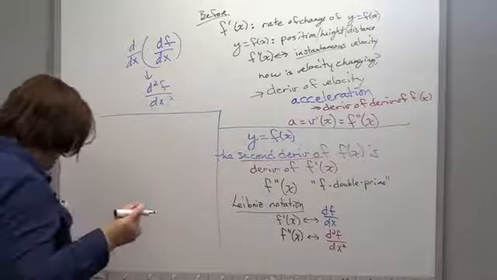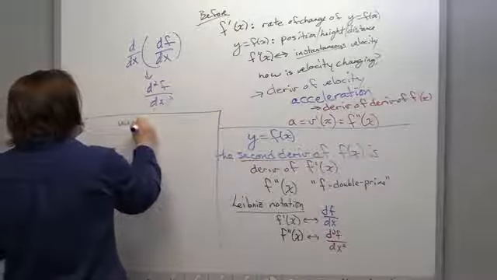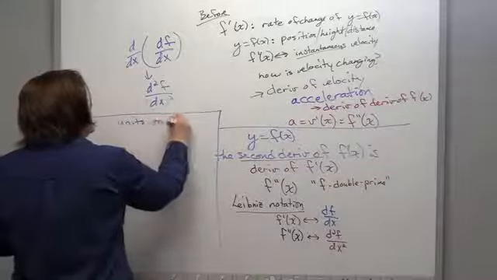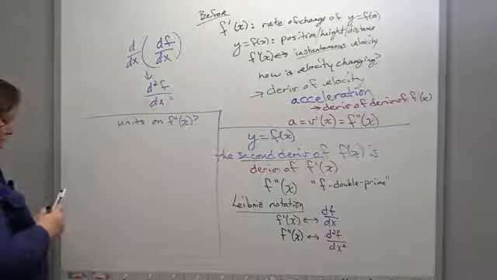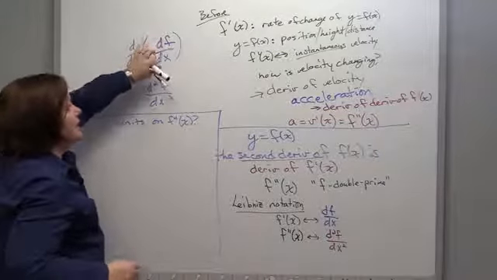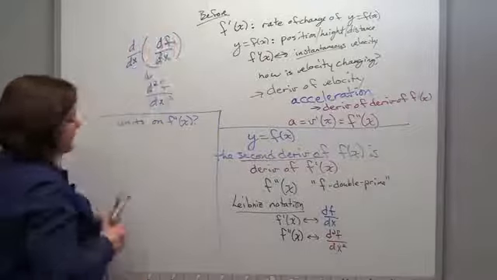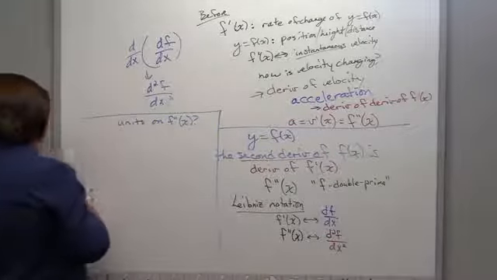Another thing that we want to think about is, what are the units on f double prime of x? Thinking about it as taking the derivative of the derivative, there are different ways to express it.